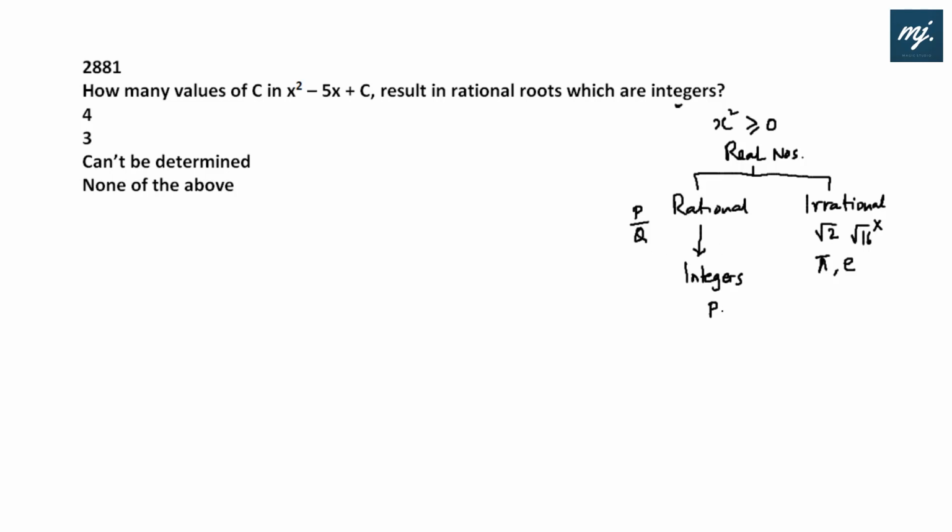When p is a numerical multiple of q, then p by q will take a form where the denominator becomes 1 and it will be an integer. An integer can be positive or negative. So that's the normal number tree.